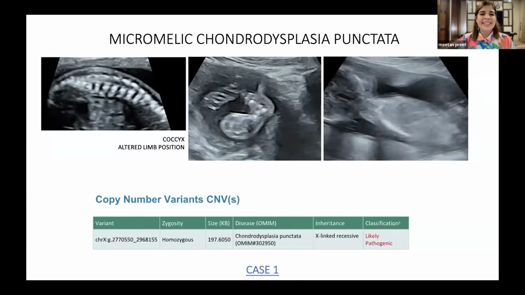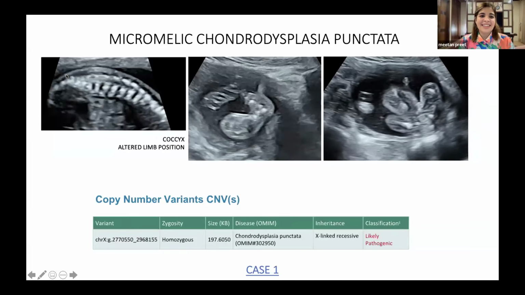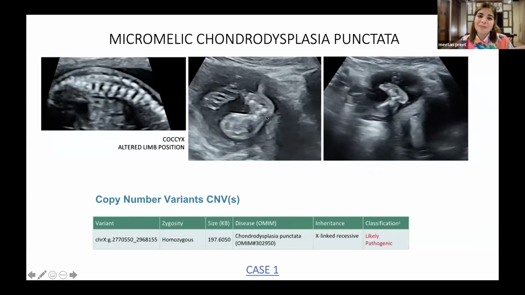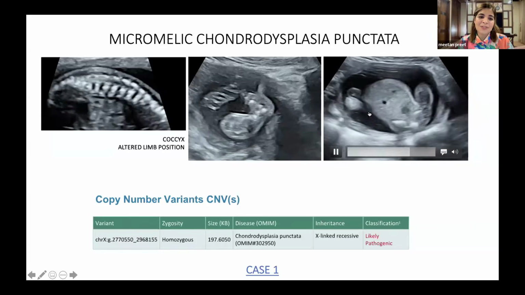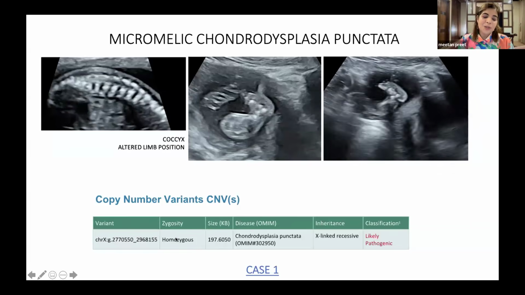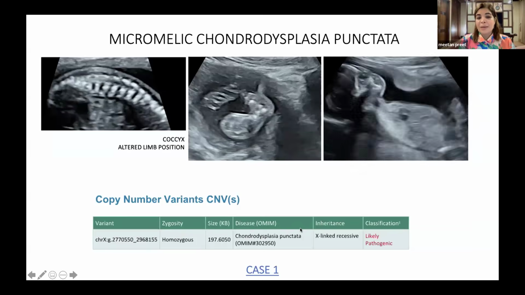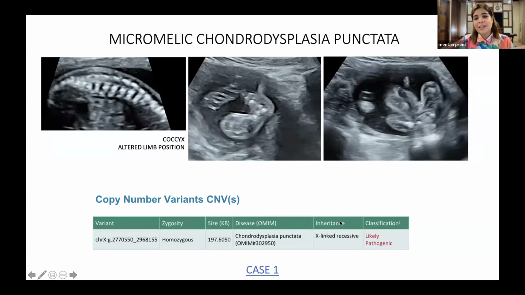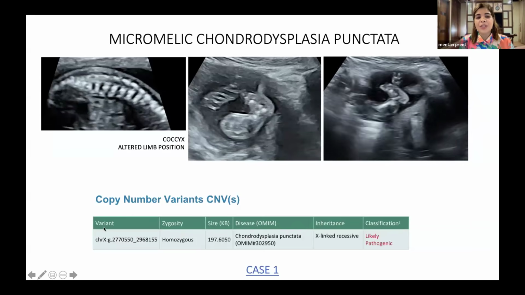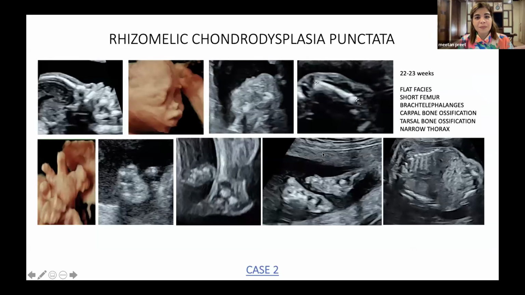All right. In the same case here, we see coccyx, we see altered limb position, and we see these tarsal bone ossifications. This in fact turned out to be a chondrodysplasia punctata, a very severe form, with a likely pathogenic mutation, homozygous as well. Case number 2, rhizomelic chondrodysplasia punctata. We see an obvious flattened face, binder's phenotype, dug-in nares.